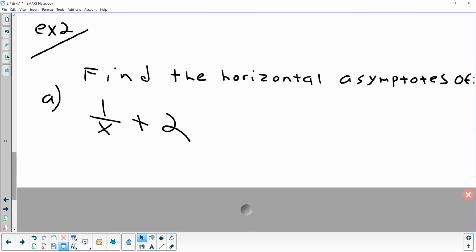All right, let's look at this one. So, find the horizontal asymptote. And when I ask this on the test, I'm going to write it like this: Find the equation of the horizontal asymptote. All right. So, how do we find the horizontal asymptote?